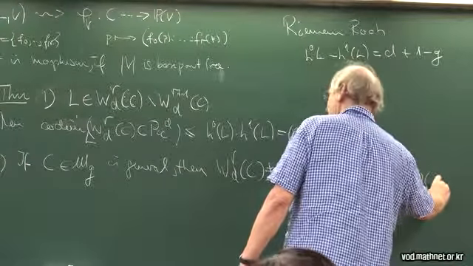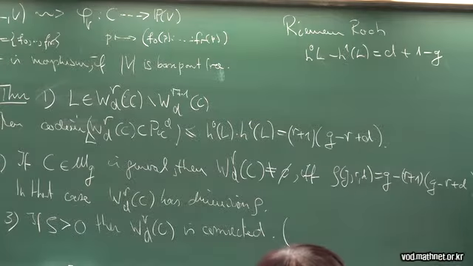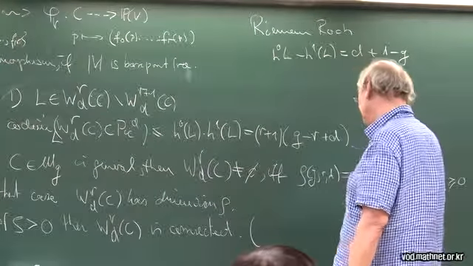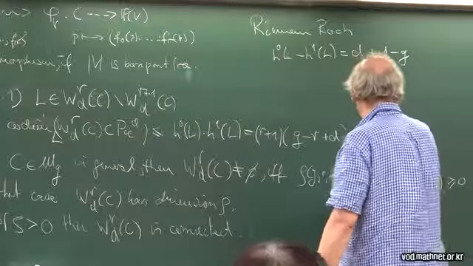And then there's one further piece of information which I just want to mention. If rho is larger than 0, then W^r_d of C is connected. I give some references.